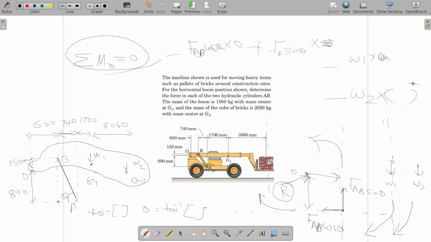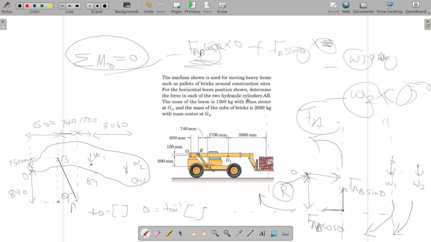So the sum of all these should be 0. Here almost everything is known. W1 is known, W2 is known, all these distances are known, theta is known, so sin theta and cos theta are known. The only unknown quantity is FAB, so you can calculate FAB. FAB is the combined load taken by 2 arms.